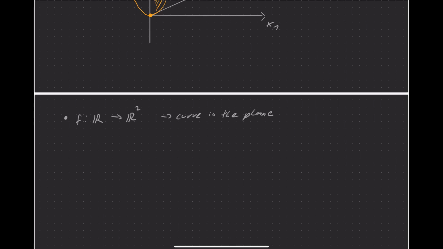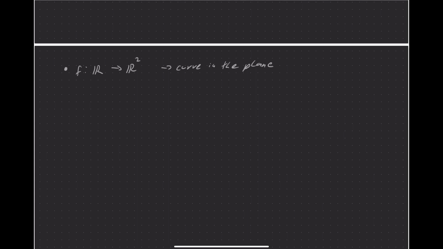And how can we visualize that? Well, the idea is to regard this input parameter as time and the output as the location. So we imagine that this function prescribes the location of some particle at a given time t. And what we can then do is visualize the movement of that particle through the plane as time progresses.